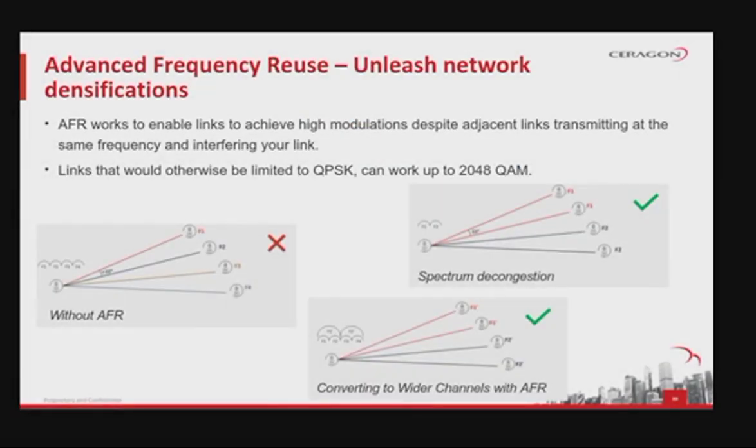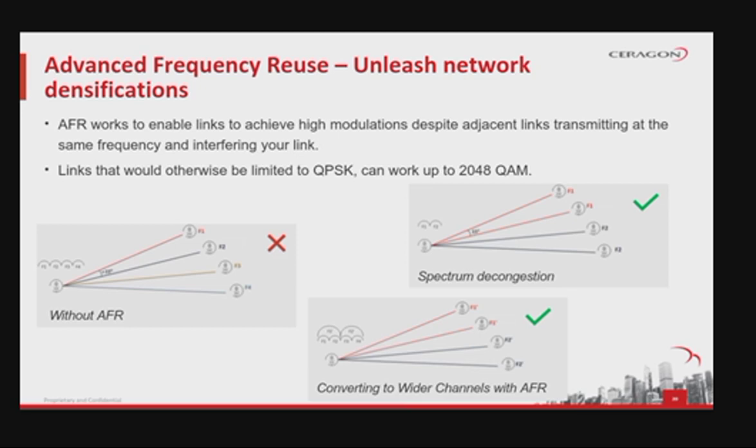Advanced frequency reuse, AFR. To thrive in the increasingly competitive, hyper-connected world, network operators must rapidly expand the capacity of their networks by densification, which means effectively adding many new cell sites. AFR works to enable links to achieve high modulations despite adjacent links transmitting at the same frequency and interfering with your link.